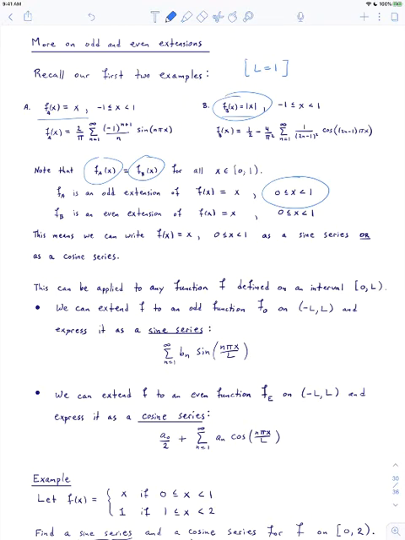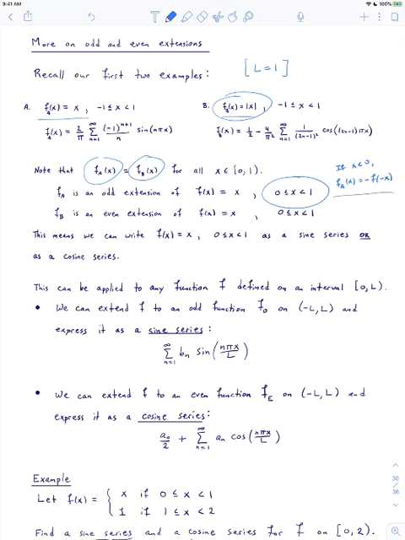So if x is positive, you just define f_a to be f. But if x is negative, then the odd extension f_a(x) will be equal to the opposite of f at the opposite of x, -f(-x). That ensures that you have an odd function. For f_b, that's an even extension.